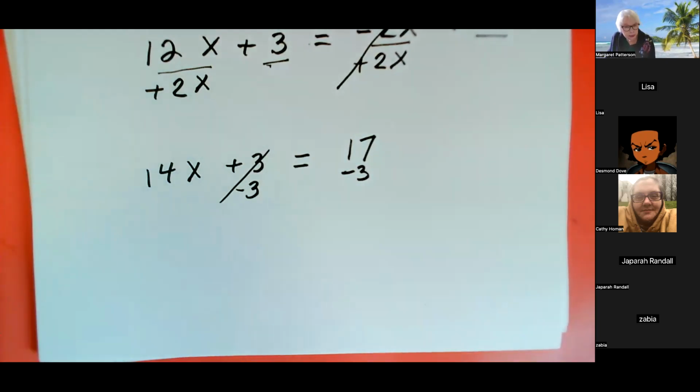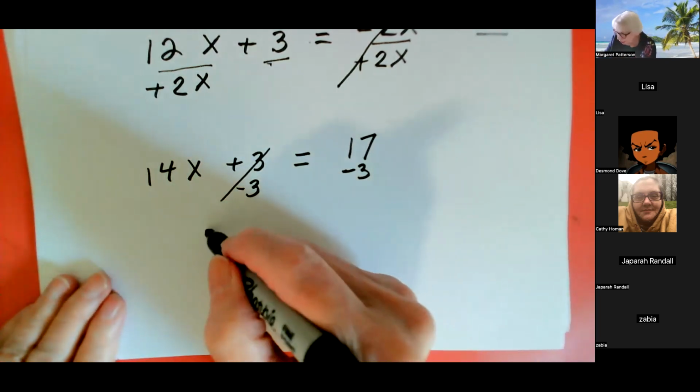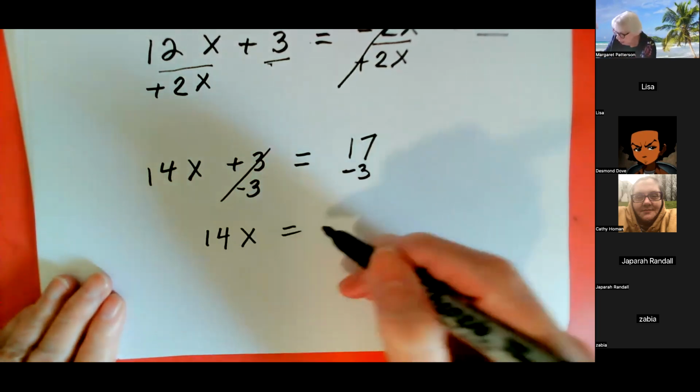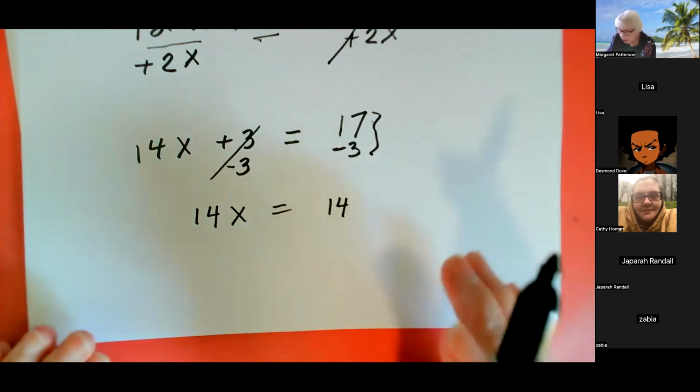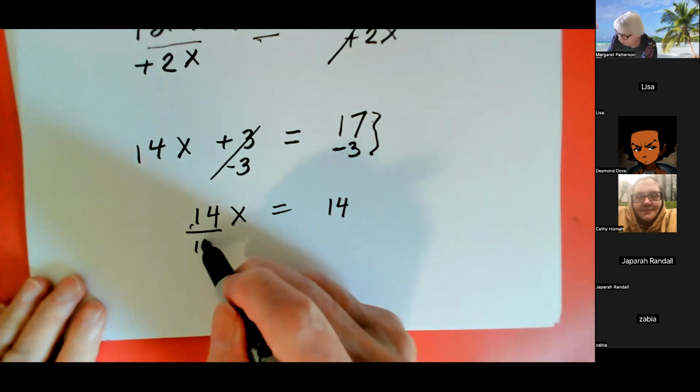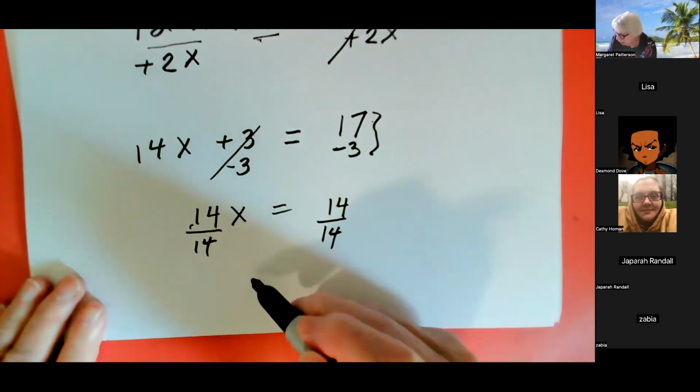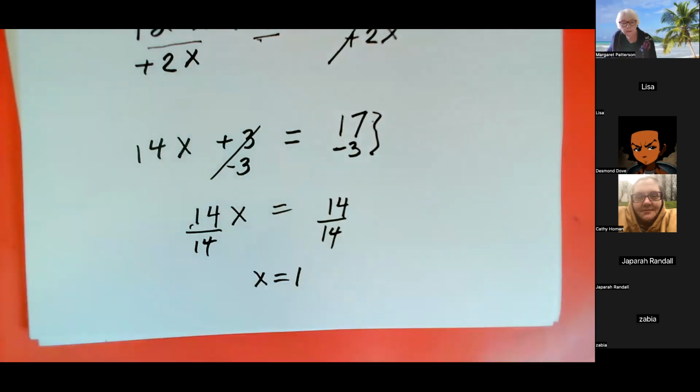The plus and minus 3 intentionally are gone, and what's left here is 14x. And what this amounts to is 14. And I'm going to divide both sides by 14. X is 1. How's that?